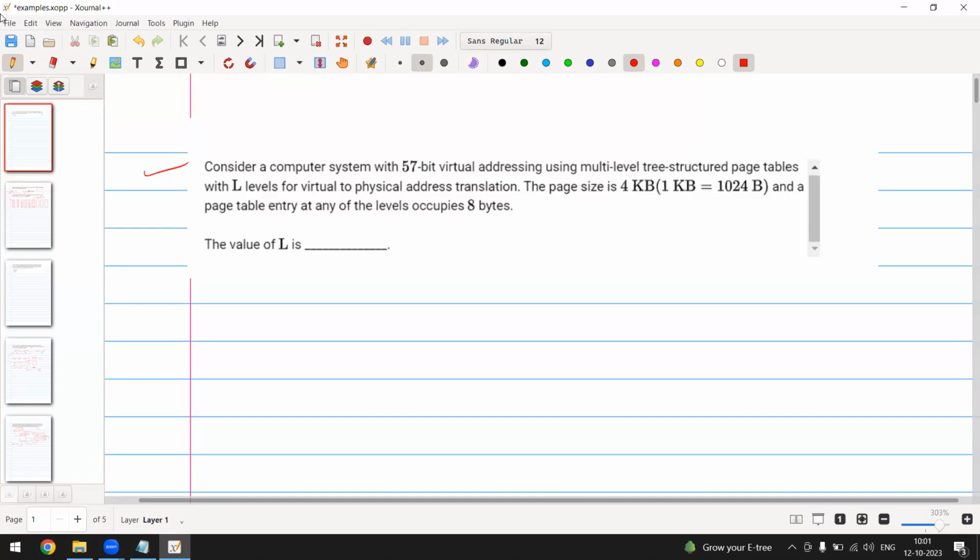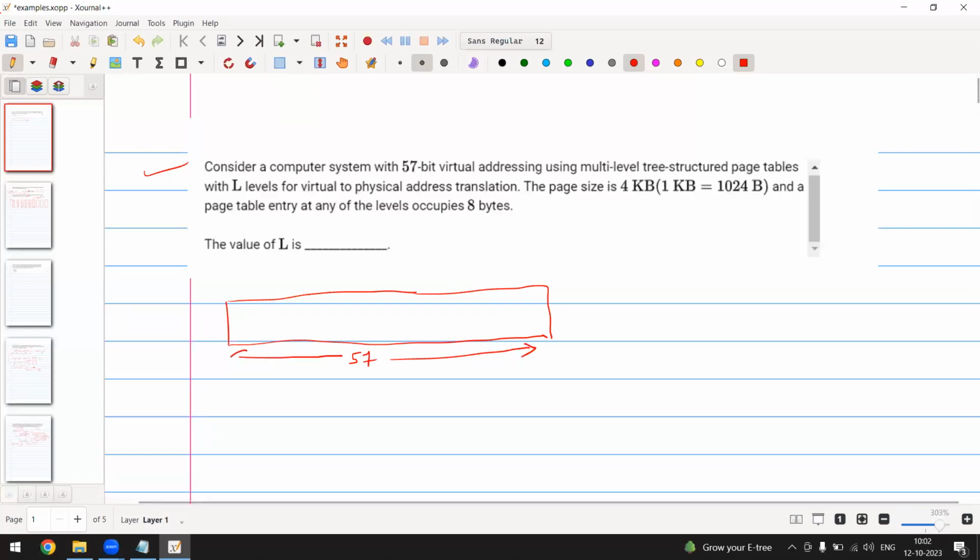So again, we have two pieces of data given. One is in terms of virtual address space. So let's plot this. The virtual address space is 57 bits long.